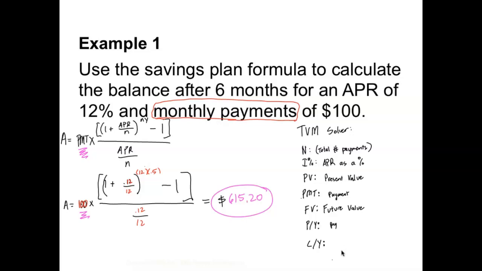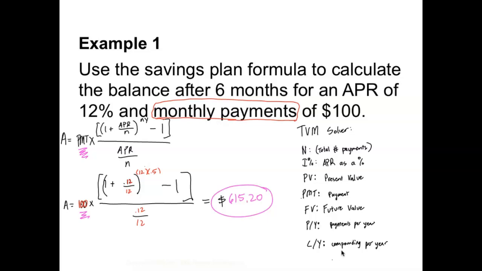P/Y is payments per year. C/Y is compounding per year. So how many times does it compound in a year? Okay. So that's the definition of each one of those.